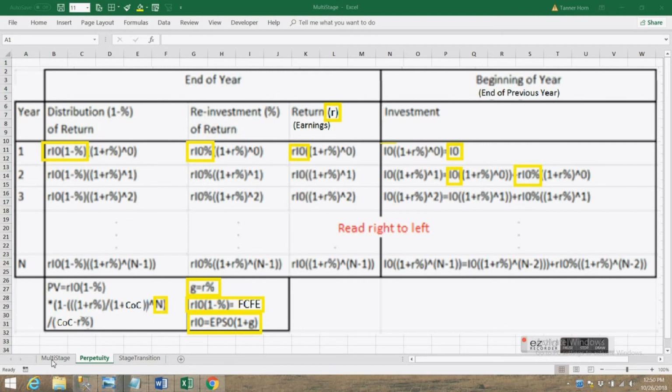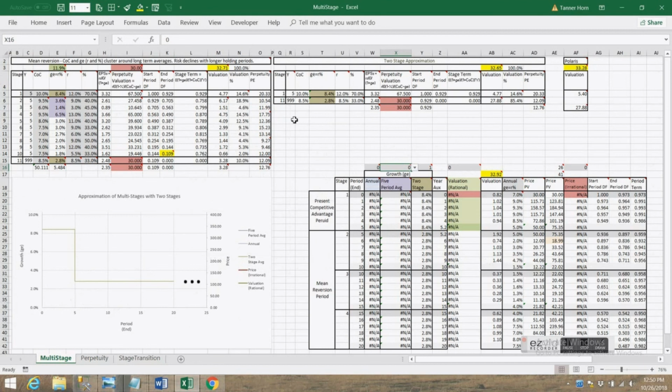Well, let's go back to the spreadsheet. What we've got to simplify down to is this approximation, which is based on a 2-stage model, and I showed briefly how the Polaris calculates the value. It again uses dividends and then multiplies by the number of years in stage 1. But now here in stage 2, it takes the earnings at the end of stage 1 and multiplies it by a future PE.